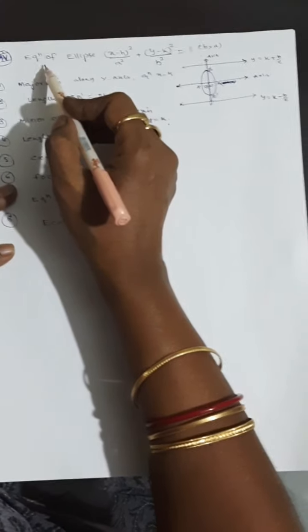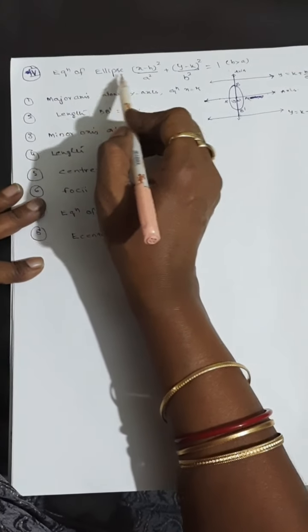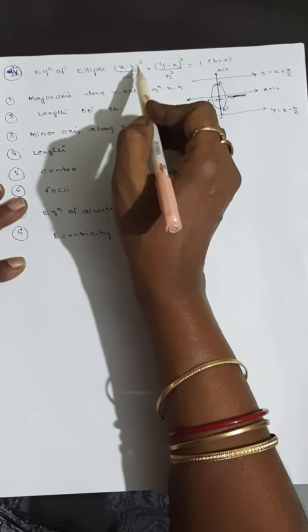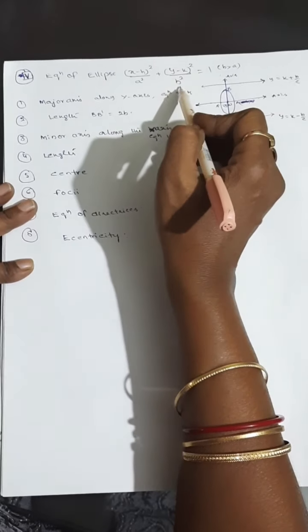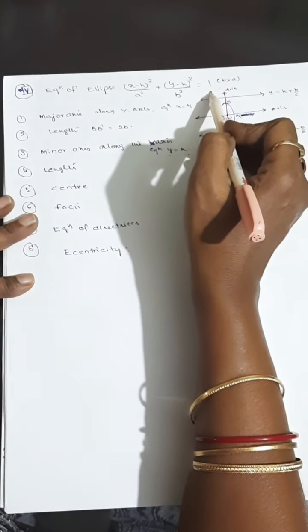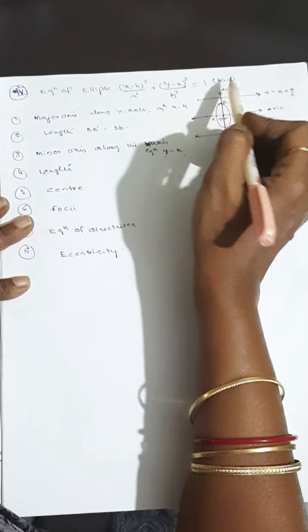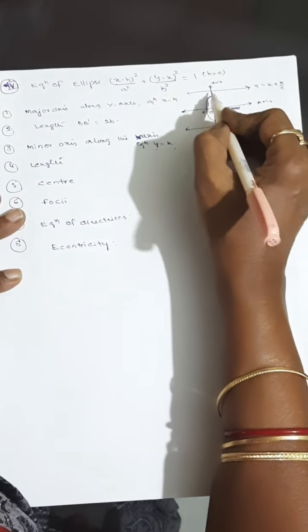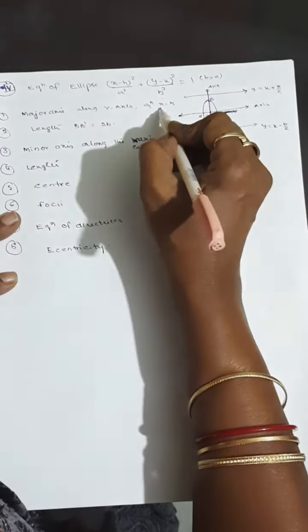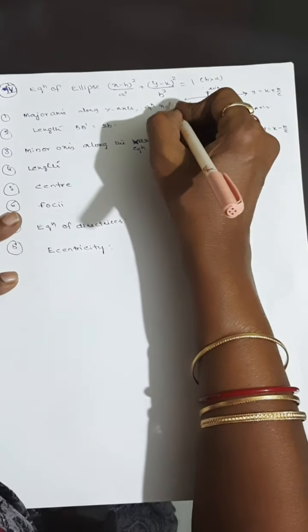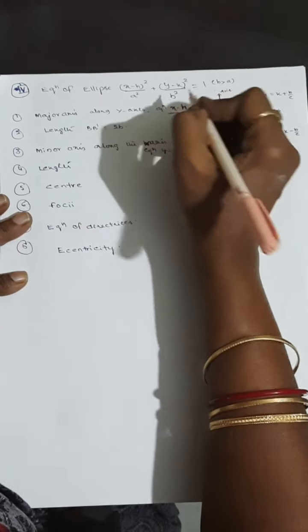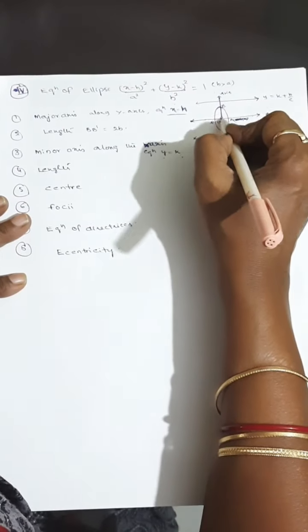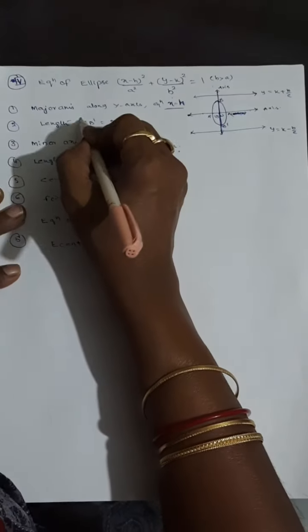Now, the fourth type: the equation of the ellipse is (x minus h) whole square by a square plus (y minus k) whole square by b square is equal to 1, where b is greater than a. In this, the major axis is along the y-axis and its equation is x is equal to h. Similarly, its length BB dash is equal to 2b.